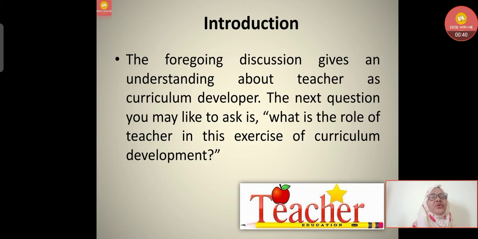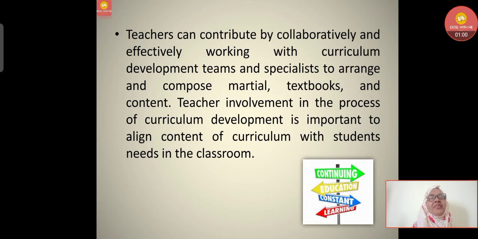Introduction. The foregoing discussion gives an understanding about teacher as curriculum developer. The next question you may like to ask is, what is the role of teacher in this exercise of curriculum development? So in detail, what is the role of the teacher in curriculum development, we will discuss.